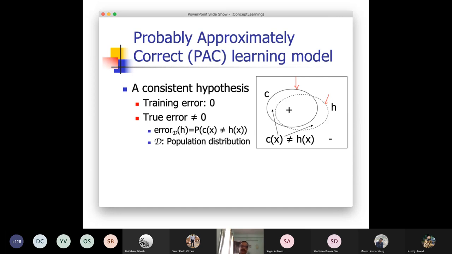So then we consider, in that population distribution of the instance space, with respect to the hypothesis, there is a probability that certain samples' outputs may not be the same as the output of the hypothesis. We call it the error.